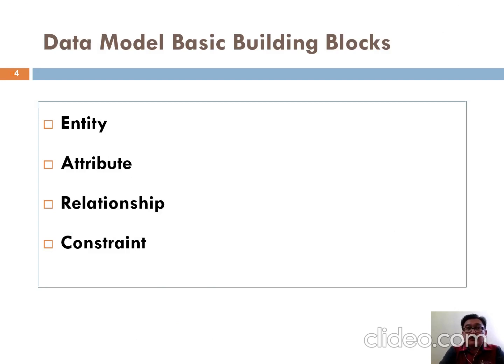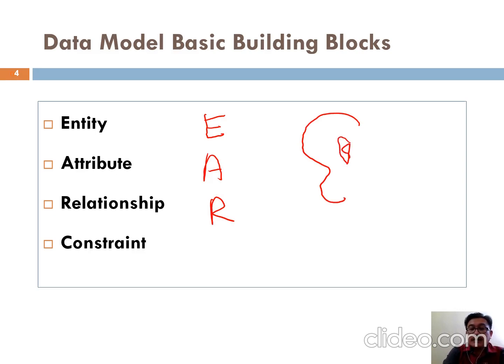If you want to remember these four building blocks, my approach is to use E-A-R, an ear, a human ear, and then you have a C attached to the ear as an earring.